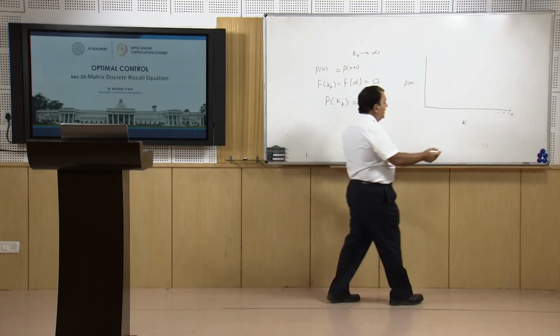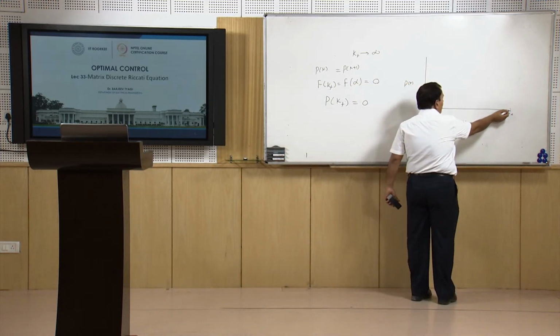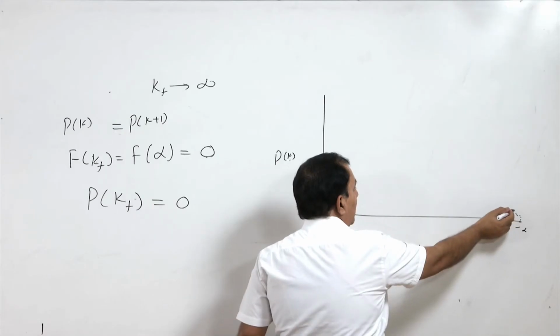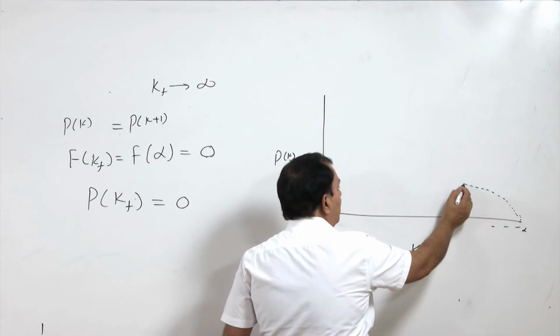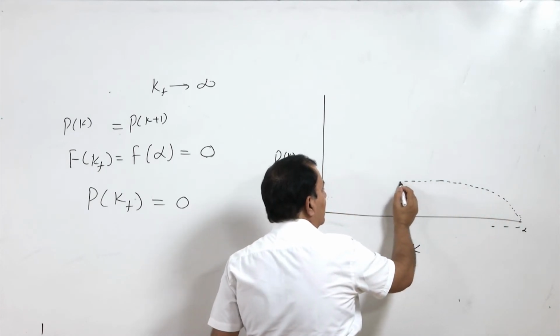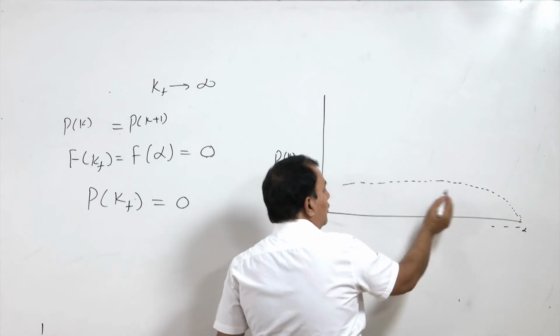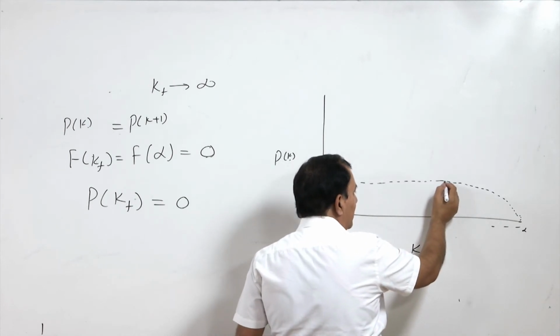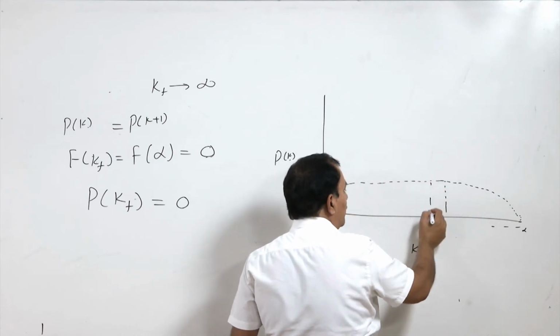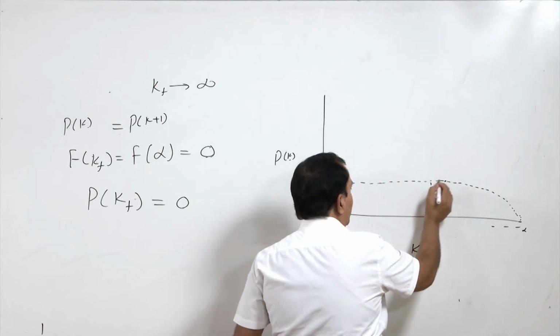So, we are starting evaluating the P k from a 0 value, backward, and after some time this solution is going to be a constant value.